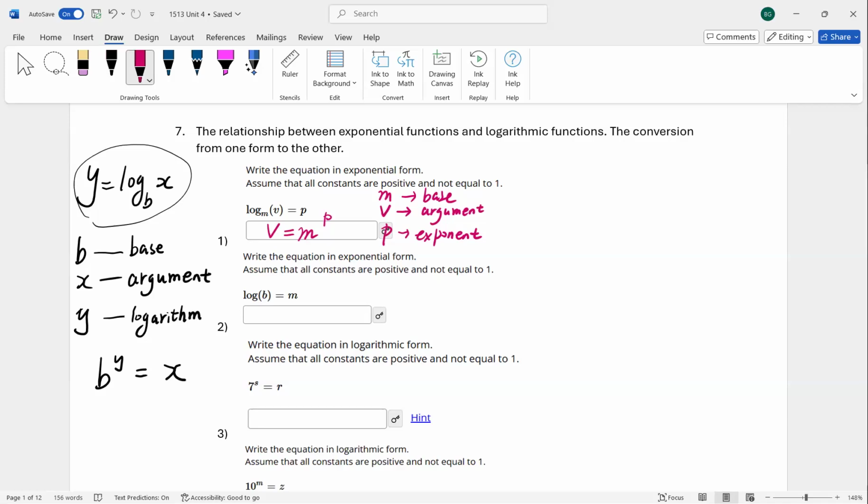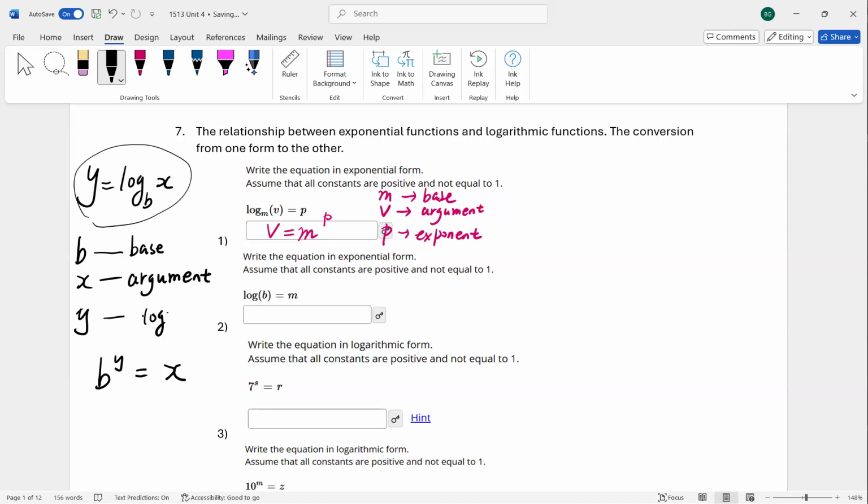I'll just introduce this trick. Y is the log, right? And log also represents a piece of wood, remember? So we can imagine y is a piece of wood.